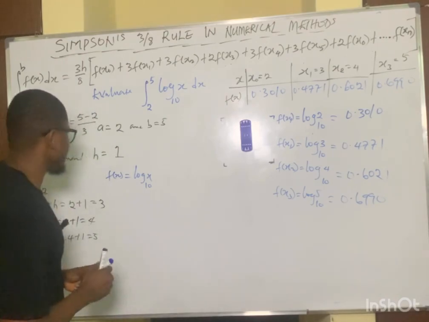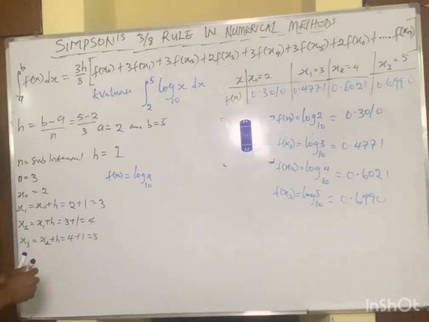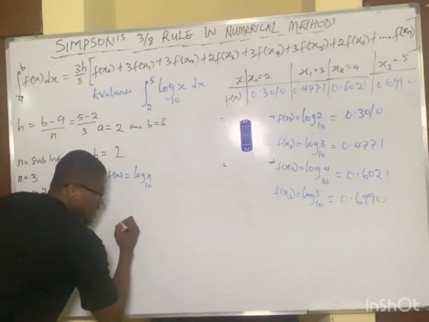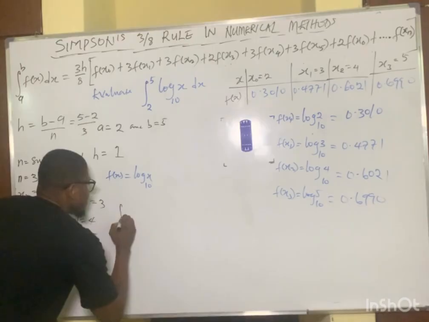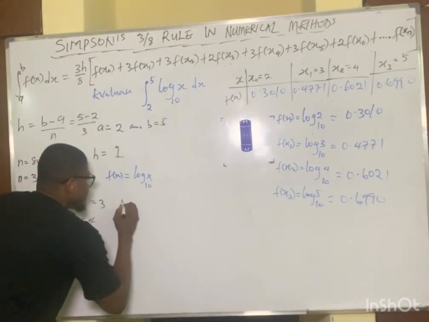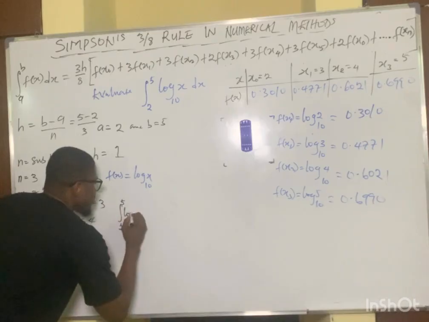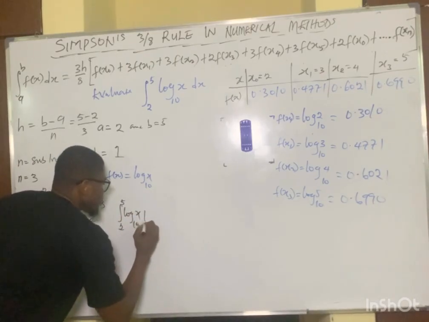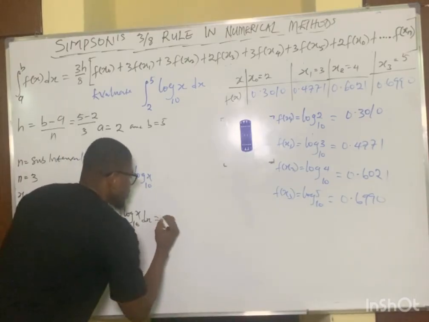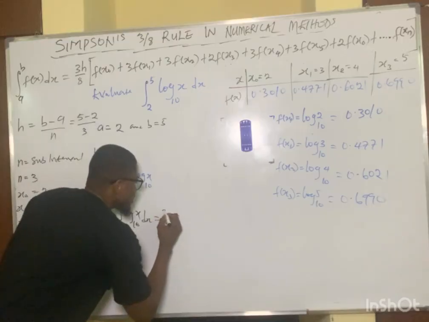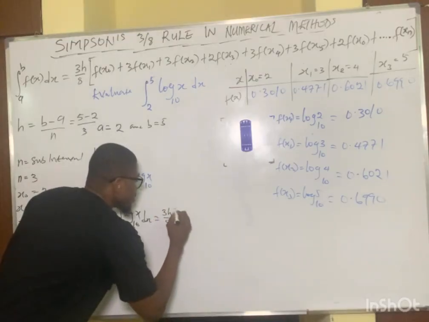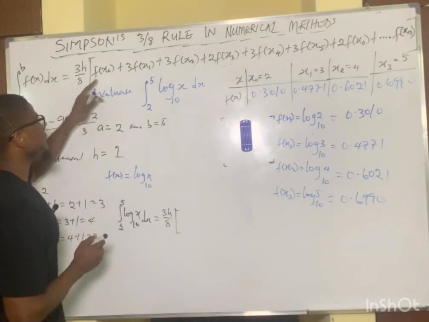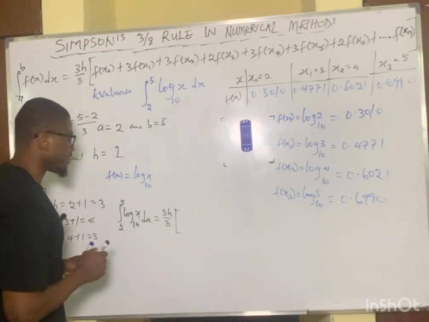So see the uniqueness of choosing your interval to be equal to 3. The integral from 2 to 5 of log x to base 10 dx is going to be equal to, using Simpson's 3/8 rule, 3h over 8 into, so remember the formula, the first function is not multiplied by any value, right?